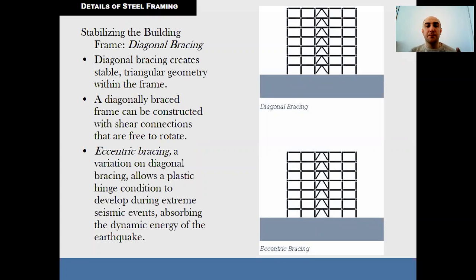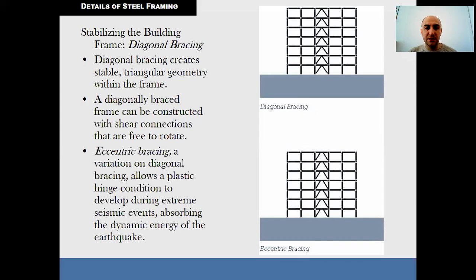The members in the braced frame are generally made of steel, which can work effectively both in tension and in compression.